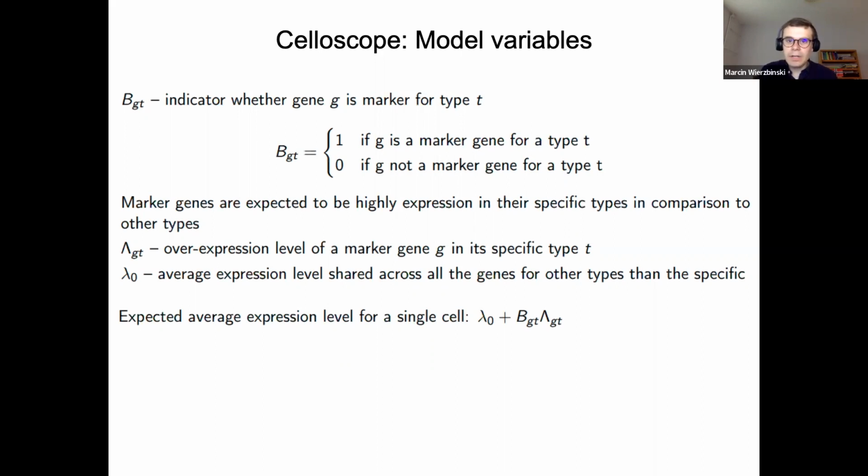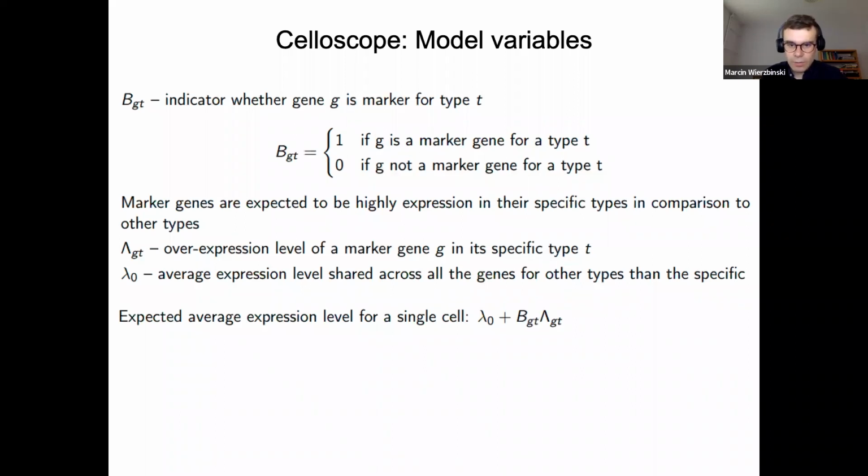We know this information exactly based on our ST data, and this variable is the indicator of whether gene G is a marker for type T. It is useful to indicate high expression, so our binary variable sets the higher average, overexpression level of a marker gene G in the specific type.